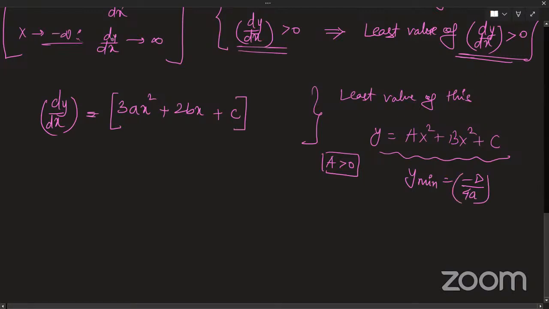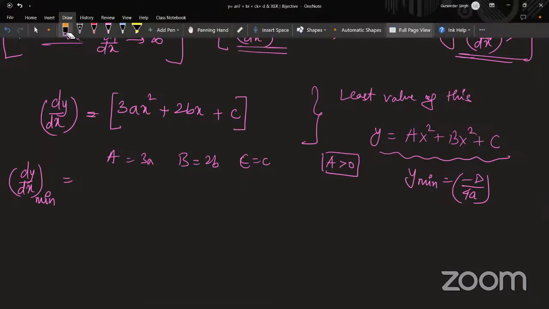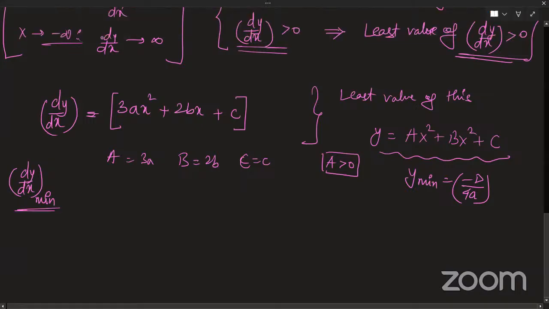So basically, the least value of dy by dx will be equal to minus D by 4a. Now compare: my a will be 3a, my b will be 2b, and my c will be c only. I need to change this also, because my a, b, c have changed. So what will be my value of D?